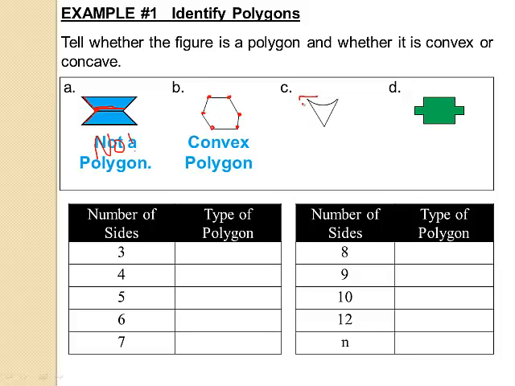For C, this curve right here is not a line segment, so that makes this a non-polygon. For D, this again is a polygon. You have all line segments, and this is concave because you have this one pointing inwards. So this is not convex, it's concave.